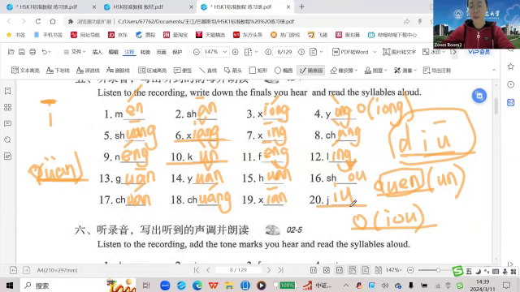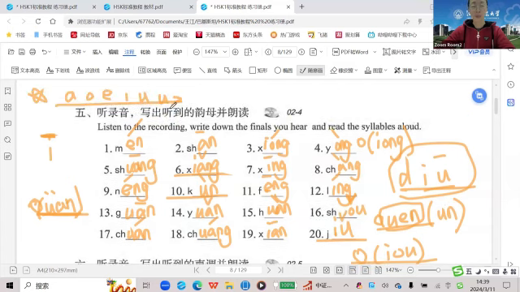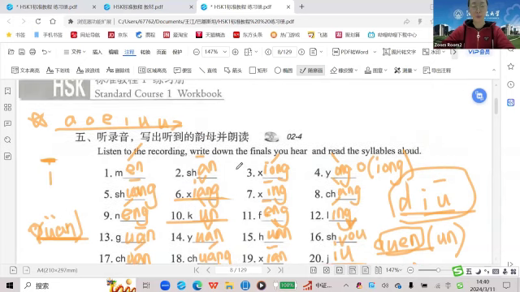So where should we mark the tone? Above the alphabet I or U? Yes, right. So we should mark the tone above the alphabet U, because we have learned that this is the only exception to the rule.